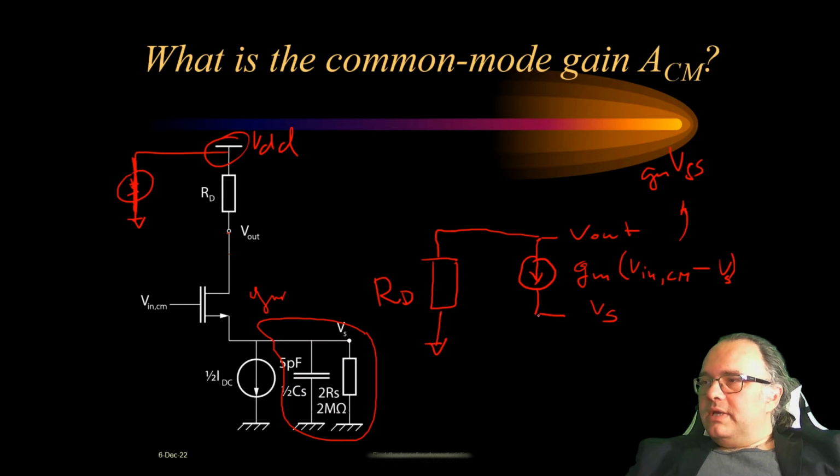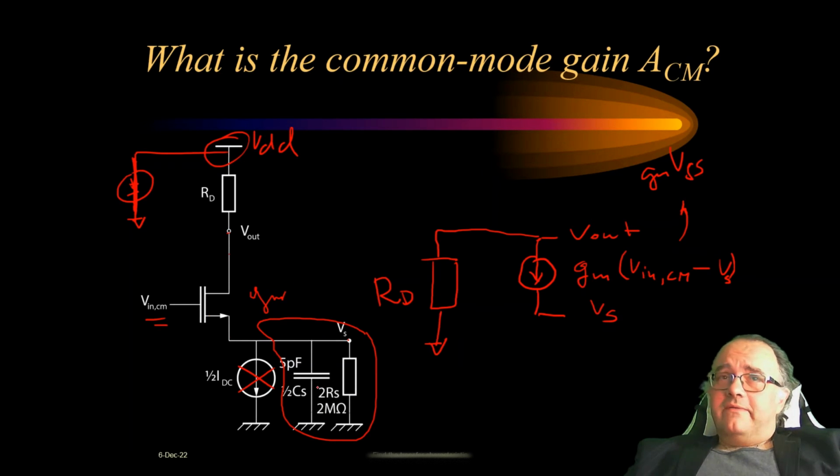Then we are here at Vs, so this is this point. The current sources are left open circuit, so we just do not include them in the small signal equivalent circuit. This is independent of the input signal, so we will ignore it.